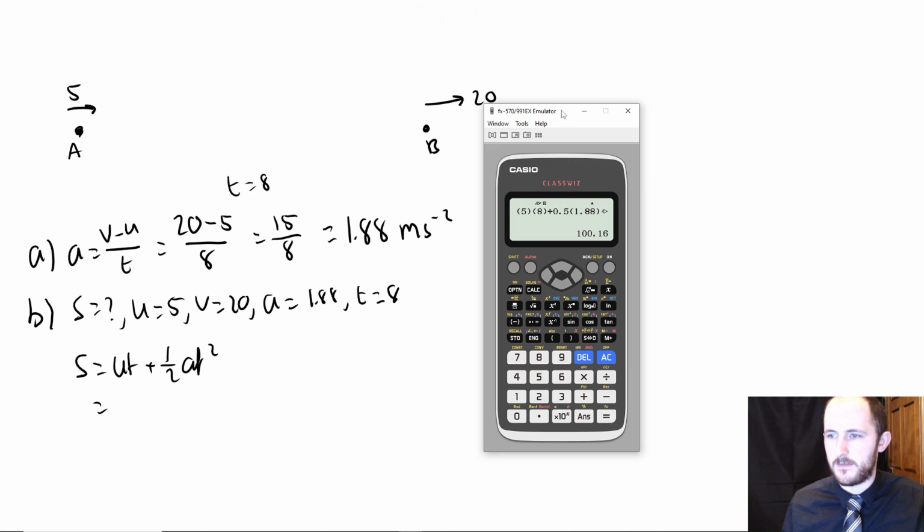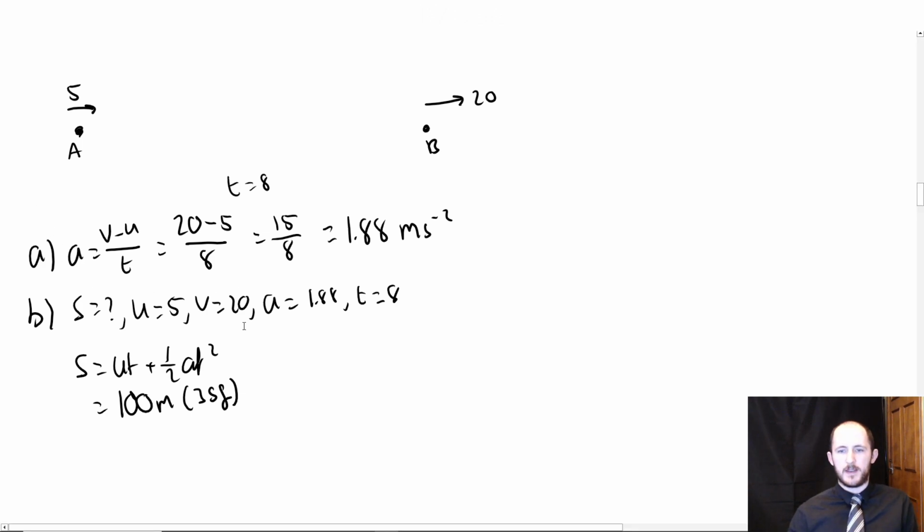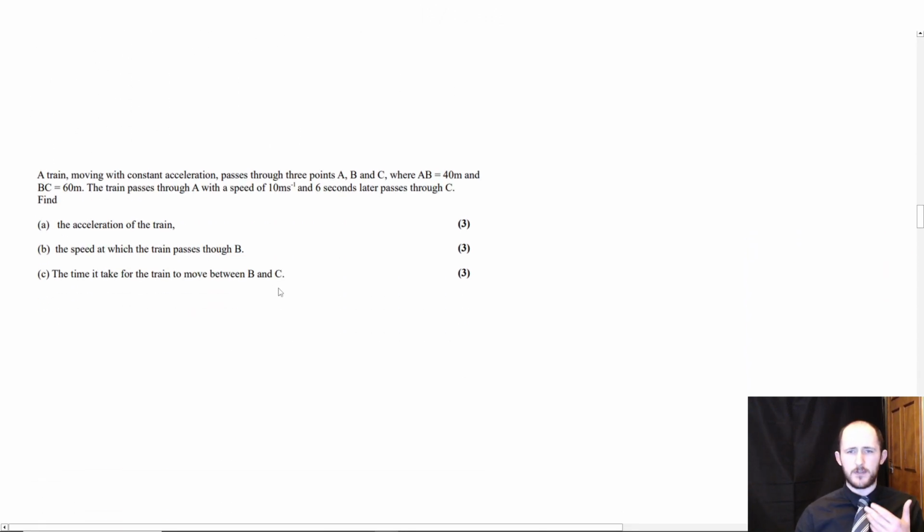Perfect, and we have 100 meters. Again, we do that to 3 significant figures. Perfect. Not too shabby at all. So, getting through these pretty quickly.